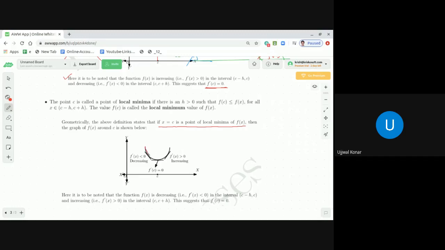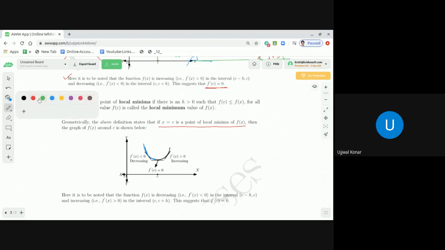As you see here, something like this. Correct? That means to the left of that point c, the function is actually decreasing, exactly opposite to the local maxima case. If I draw the left part of the point c in blue, as you see, as x is increasing, f(x) is decreasing. That means it is a decreasing function.